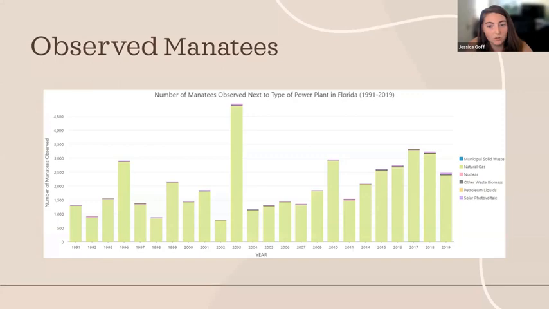Next, I did a spatial join and calculated which manatees were within a 2 nautical mile radius and created a graph to see which type of power plants manatees were clustering by. According to this data, manatees like to cluster around natural gas power plants. Those are all in green, if the text is a little too small.